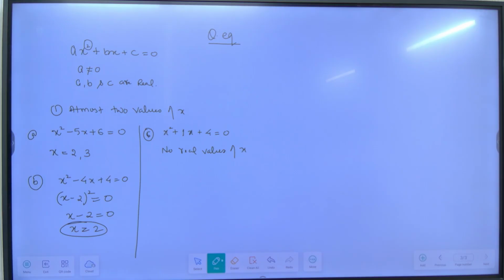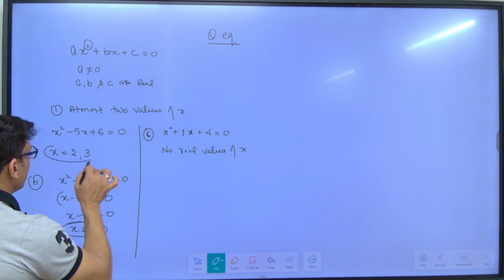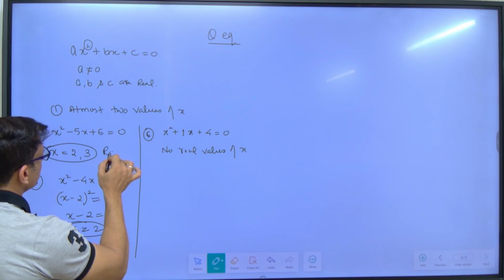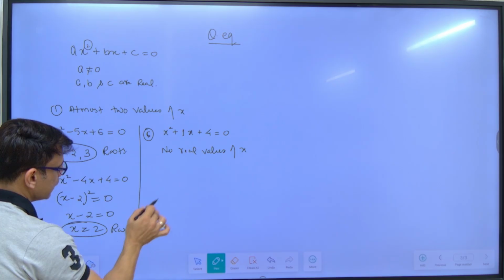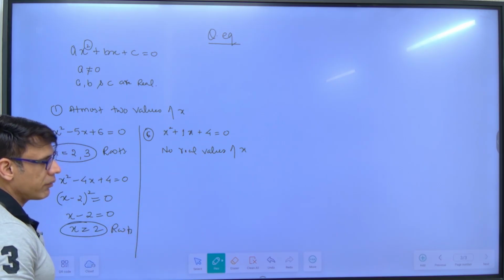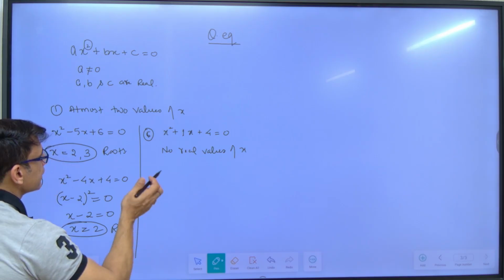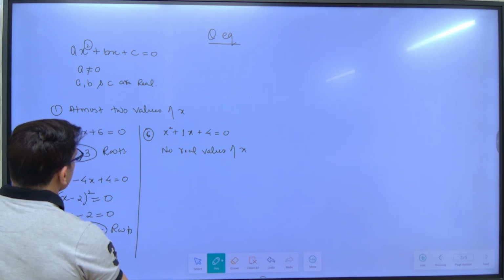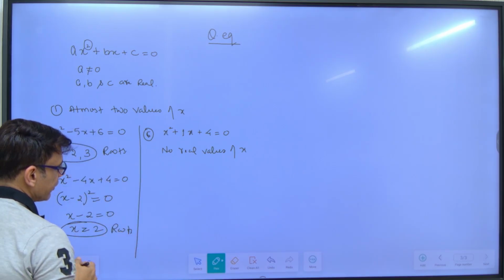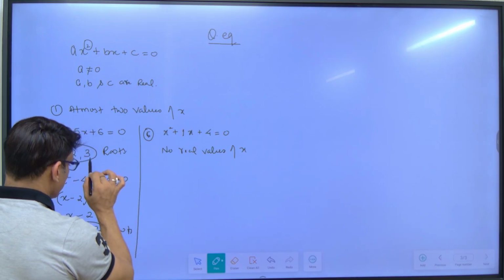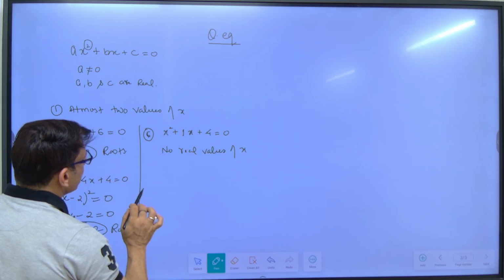Now the question is how we will come to know what type of values of x we are going to get. Now these values of x are also called roots. Here we have no real roots in this case. How we will come to know by looking at the equation, I'll tell you. But first understand, we got two roots, one root and no real roots.